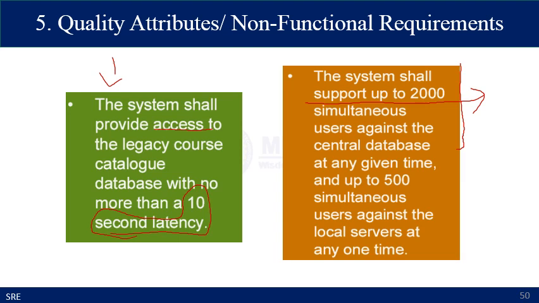You can conduct a test by employing 2000 users, and if your system supports the working of 2000 users at the same time, you can see that these requirements have been achieved. And again, there is another requirement linked with this which says that up to 500 users against the local servers at any time.